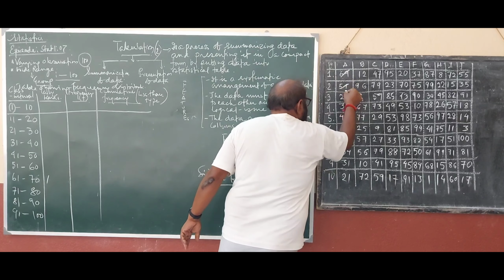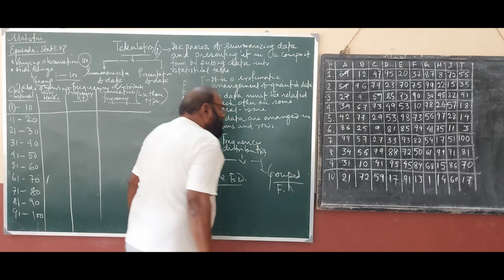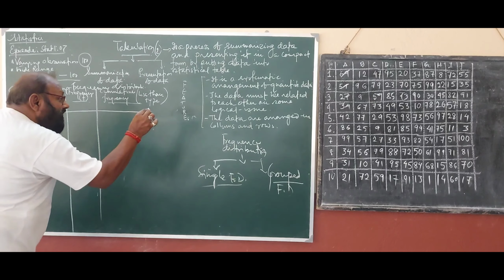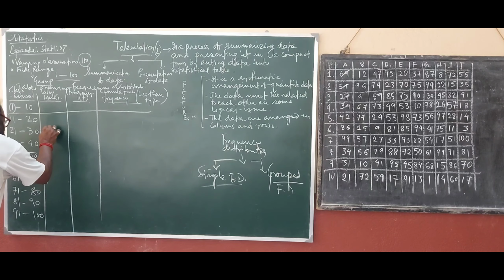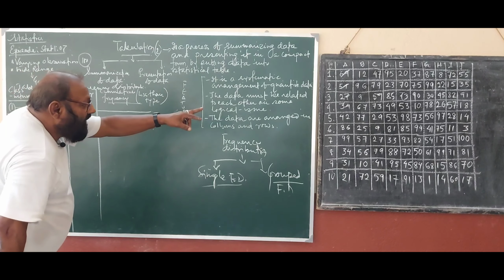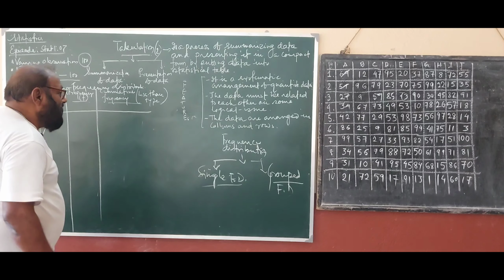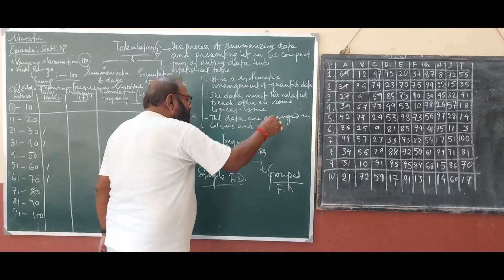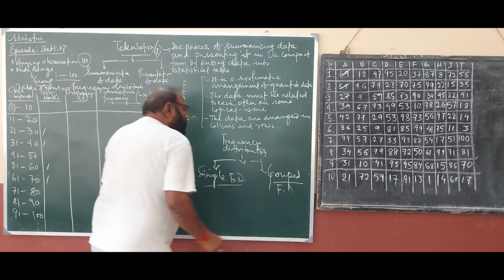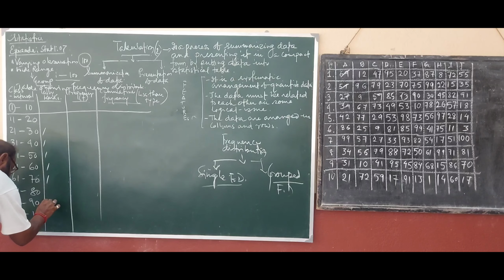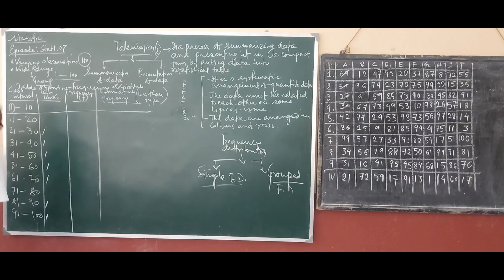Now 51, 27, 34. 51 is over here, 27 falls over here, and 34 over here. Clear? Then 42, 86, 99. 42 over here, 86 over here, 99 over here.